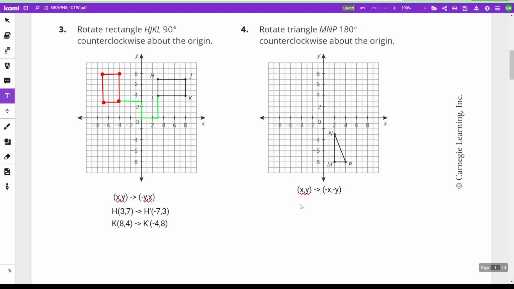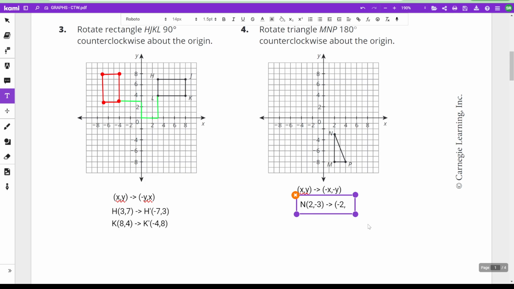Okay, so how's that going to look? Well, N, which is initially located at 2, 3, is going to be transformed such that it is now at negative 2. Well, hold on here. N is located at 2, negative 3. Excuse me. So now the new point is going to be located at negative 2.